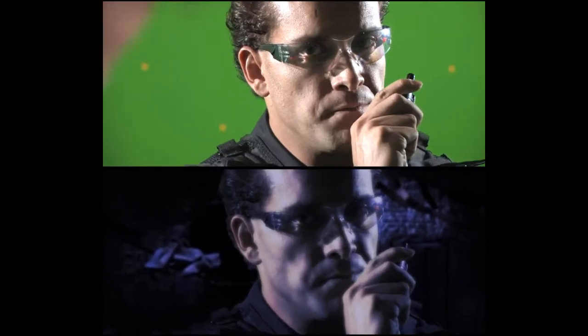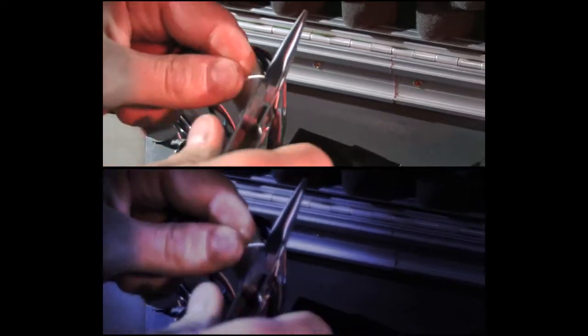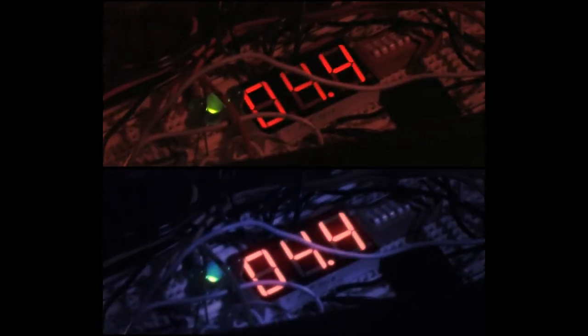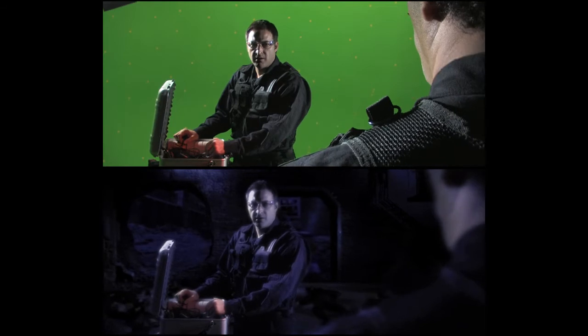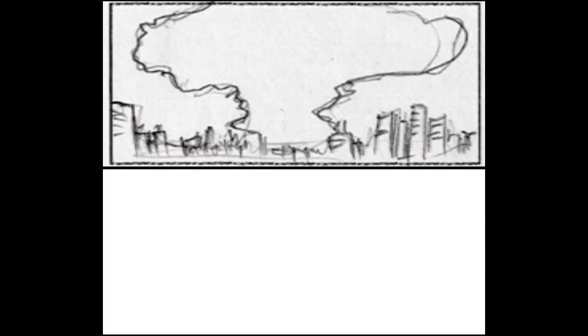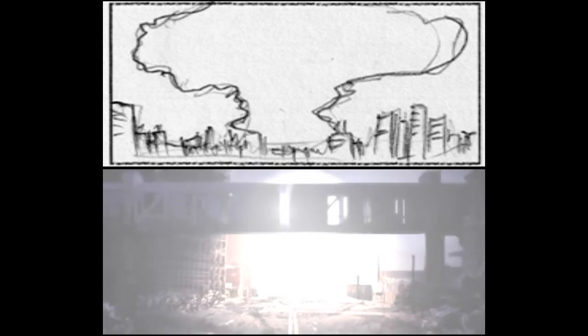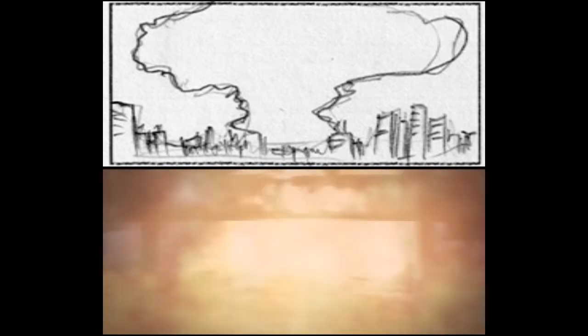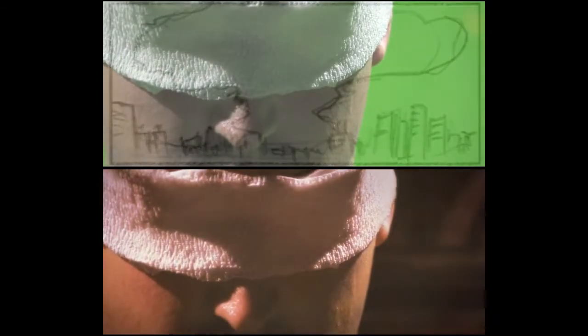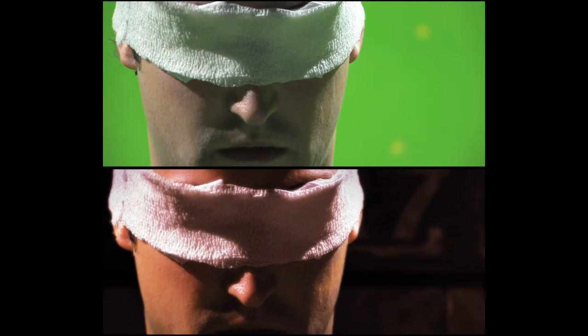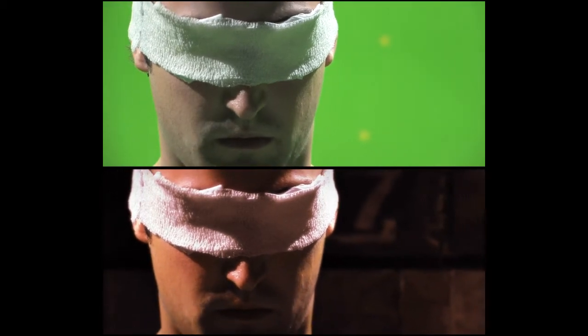I always use the expression, it's like a graphic novel come to life, and that was kind of the idea, is that we wanted to make it all feel like it seamlessly belonged together, so that people that were shot live action on the green screen, when composited into a background that had been either textured and rendered in Maya or that had been heavily photocomposited in Photoshop, that things would all sort of look like they belonged together, that there wouldn't be this jarring difference between the live action people and their computer generated or heavily altered background.